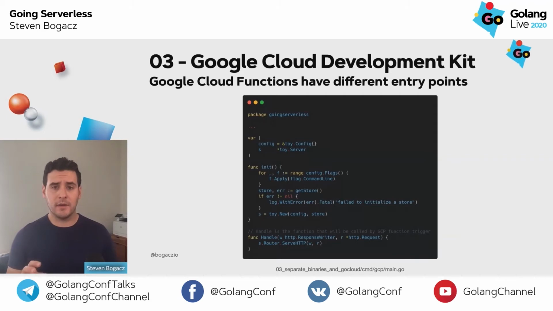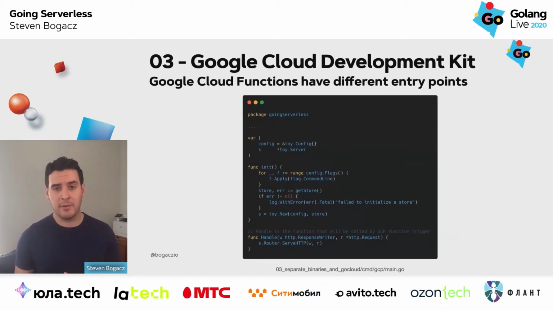On the other hand, the way that Google Cloud Functions work is that they actually have their own main, and they're treating your code as a library. So because of that, you have to have your code in a non-main package, and you have to expose a very specific signature. The upside is that the signature at least is standard Go.